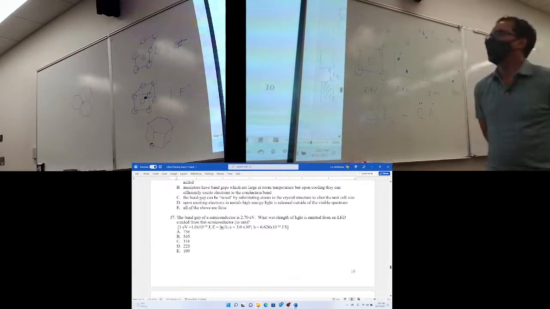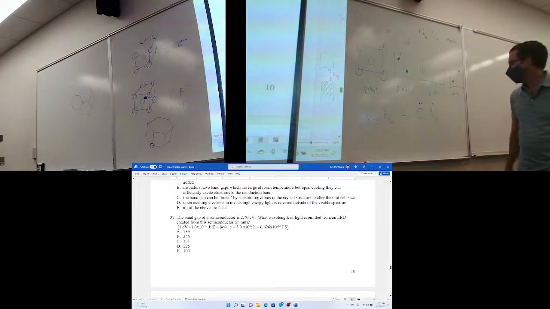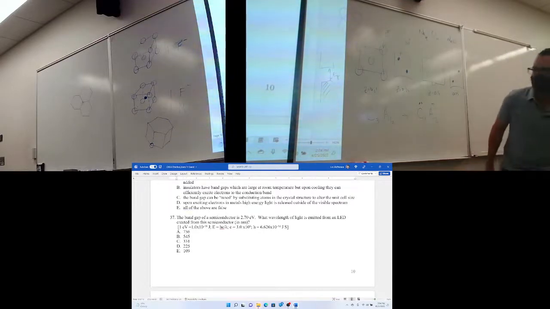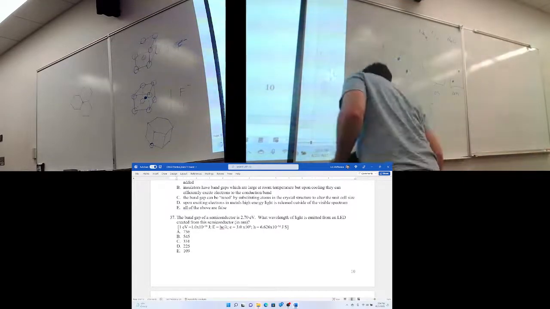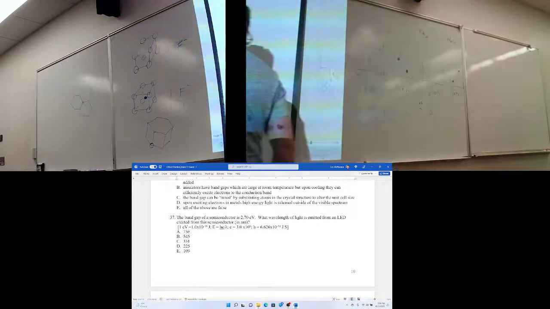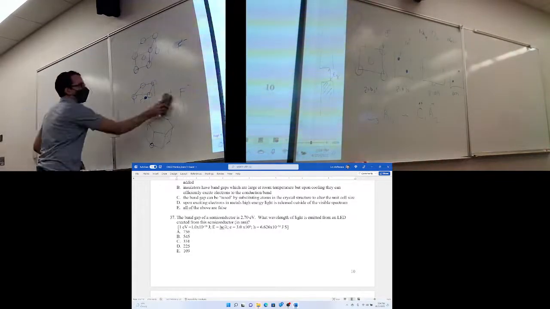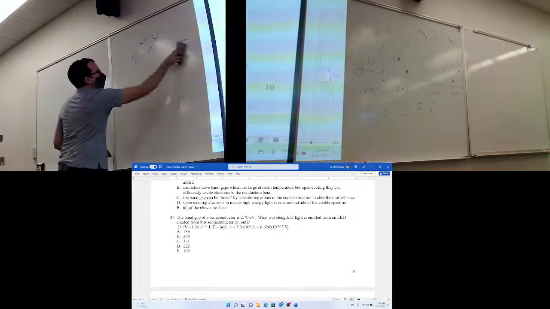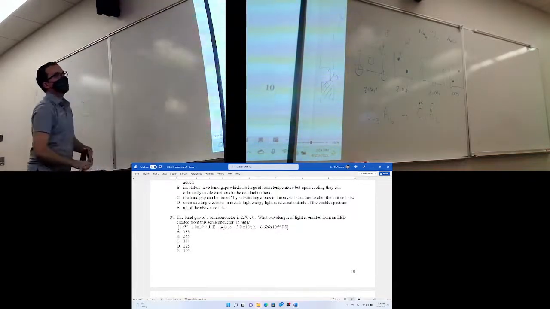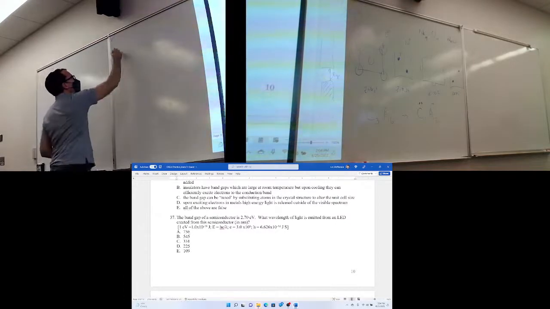Anyway, number 37. We have a band gap. What is the light emitted? Okay, that's an easy one. We'll do that one. So we want to convert our electron volts first to joules.